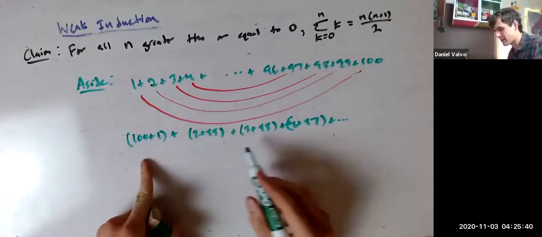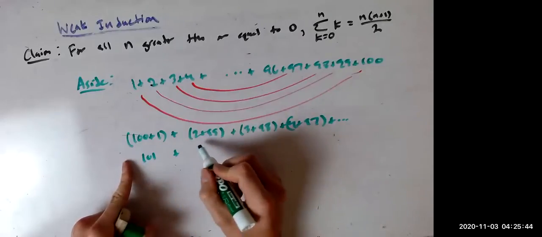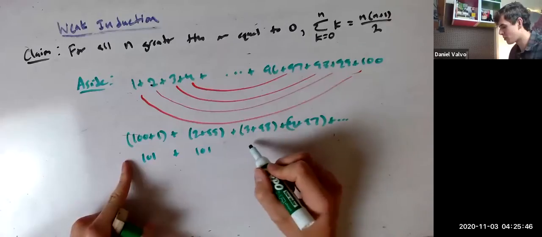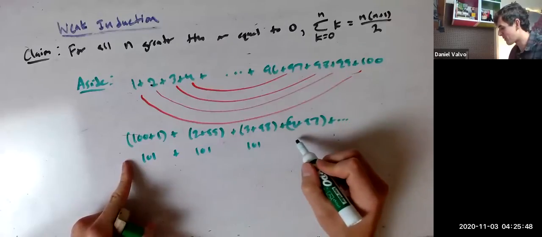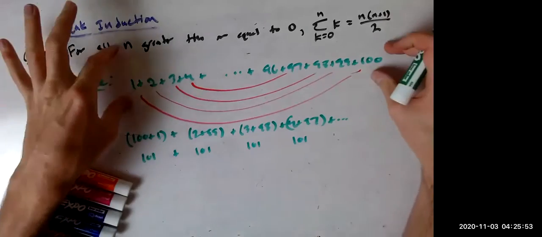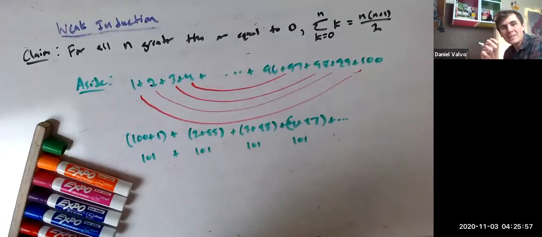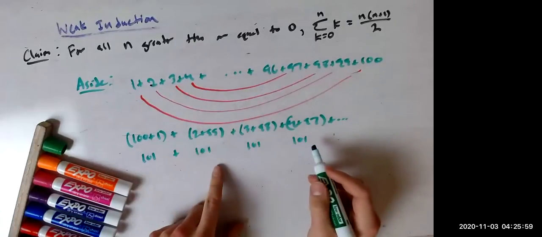And he kept going like this. And he noticed, what's 100 plus 1? Well, that's 101. What's 2 plus 99? That's 101. What's 3 plus 98? That's 101. What's 4 plus 97? That's 101. If you group them together like this, you keep this 101 in the grouping. That's the same for all of these.